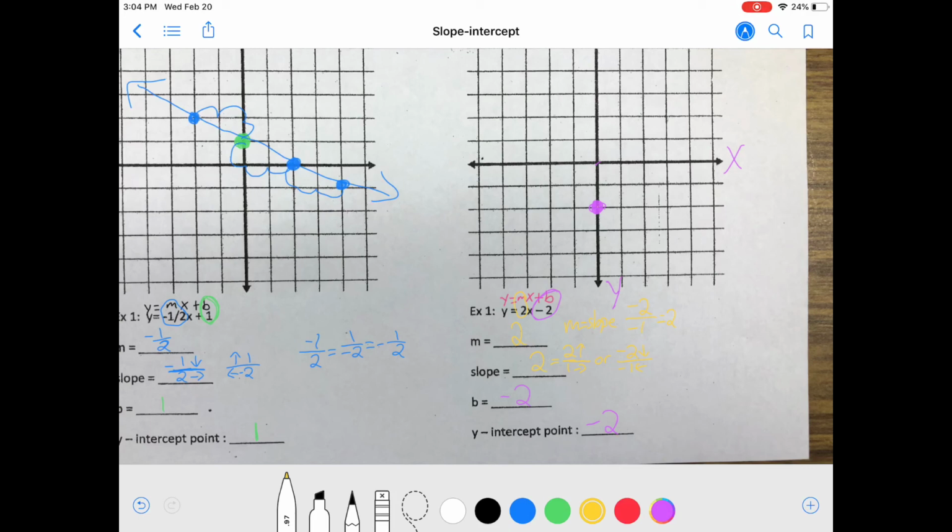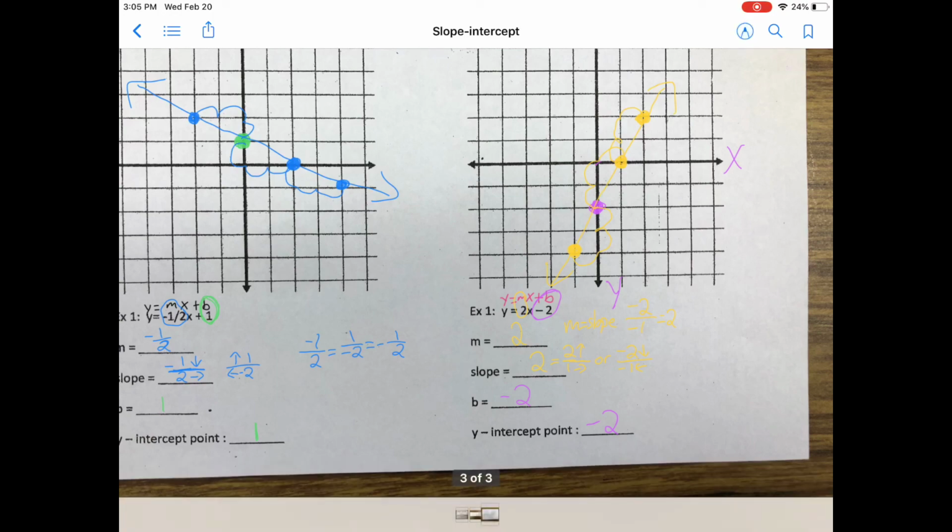So I've got up 2, over to the right 1. So there's one point. Or starting at my y-intercept, I can go down 2, to the left 1. And there's another point. And there's my line. So any questions, please ask as we go.